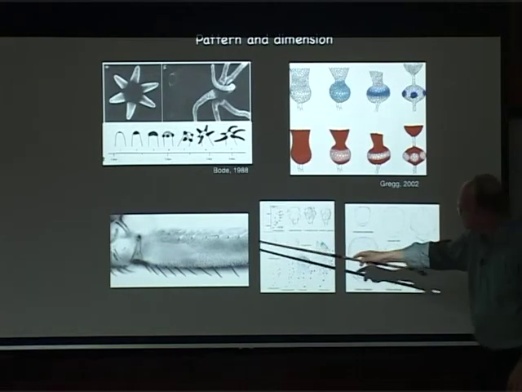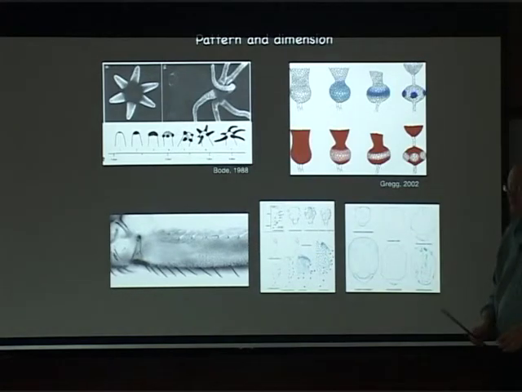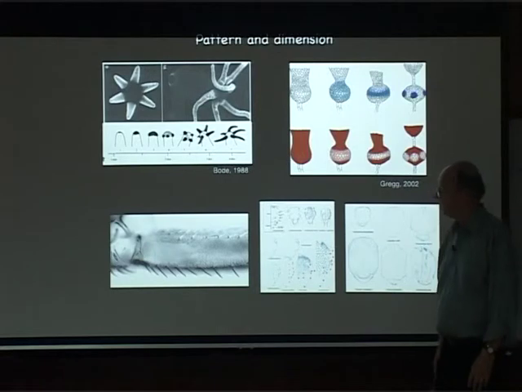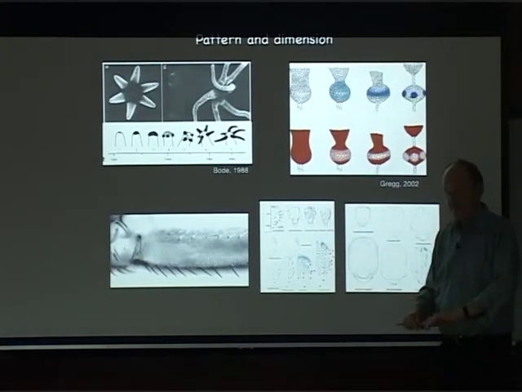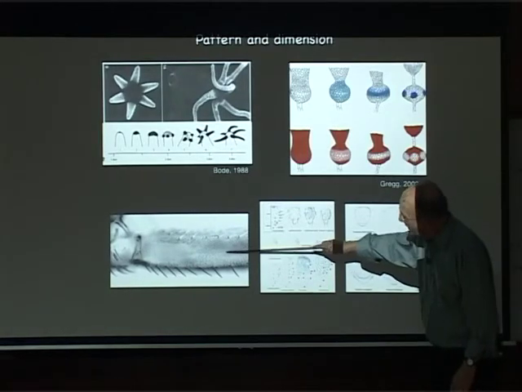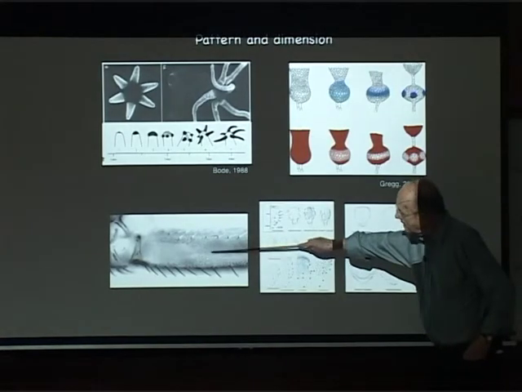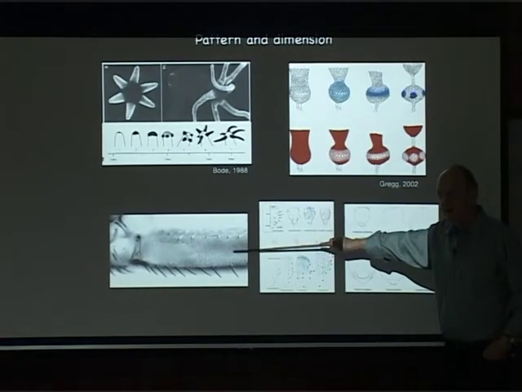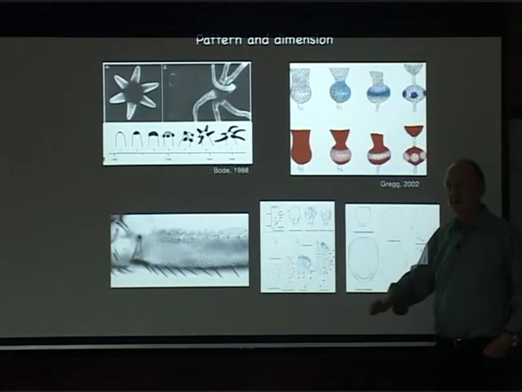And so I've given you one good example here of patterning in 1 versus 2 dimensions on the leg of a fly. Now, you can't see any of this, but flies have little hairs like we do. And here they are, and they're needed for something. I don't know what. If you do nearest neighbor analysis of these, you find out that there is some patterning there, but it's weak.